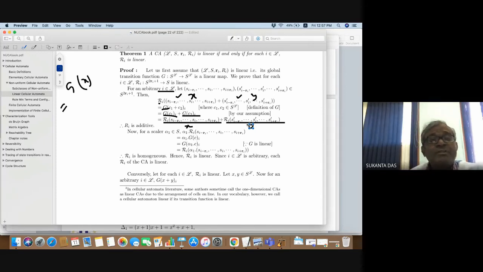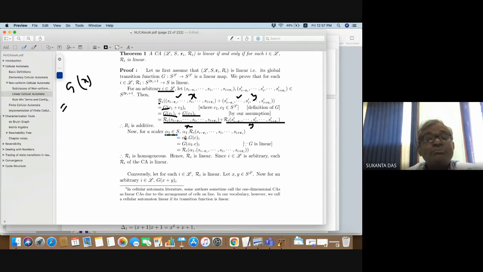What is the next part? Next I have to show that it is homogeneous. In a similar way, you take alpha, where alpha is a scalar.